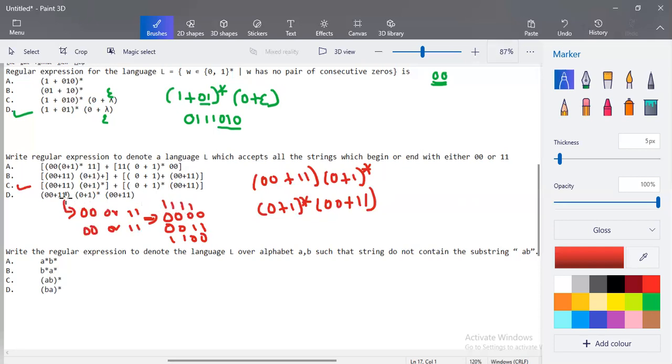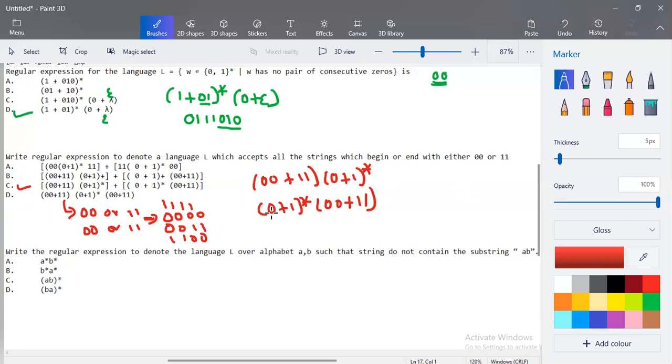So 00 or 11 is mandatory here, at both the start and the end. That is the condition here. Okay, so that is the problem with the last option. So the solution that we are expecting is C.